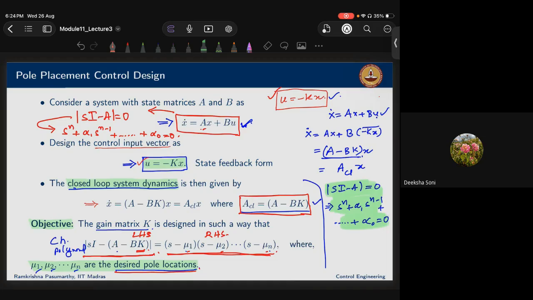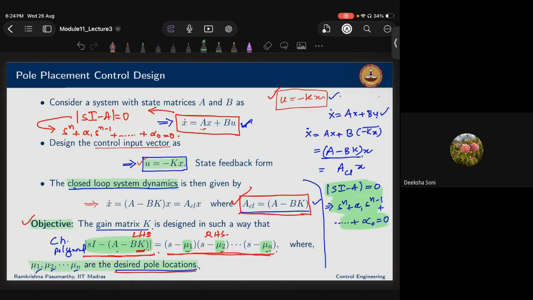Here, our objective is to find this K, which we also call the gain matrix. We need to find this gain K in such a way that for this closed loop system, if you take the determinant, these are the roots, our desired poles.